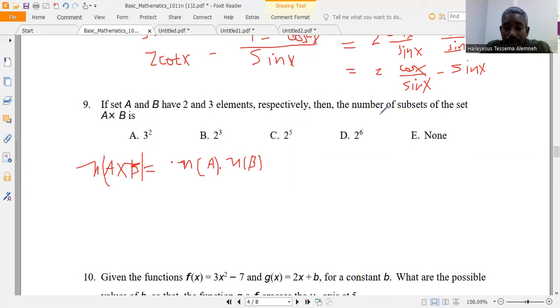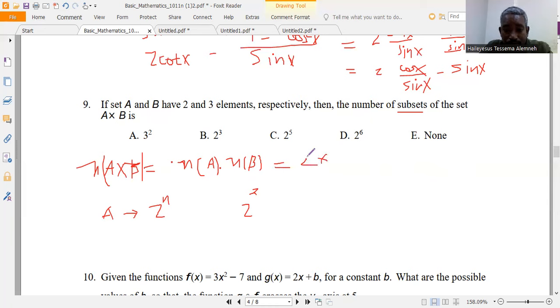But the question asks for the number of subsets. For a given set A, the number of subsets is 2 to the power of n, assuming that A has n elements. So the number of subsets of this cross product is 2 to the power of 2 times 3.